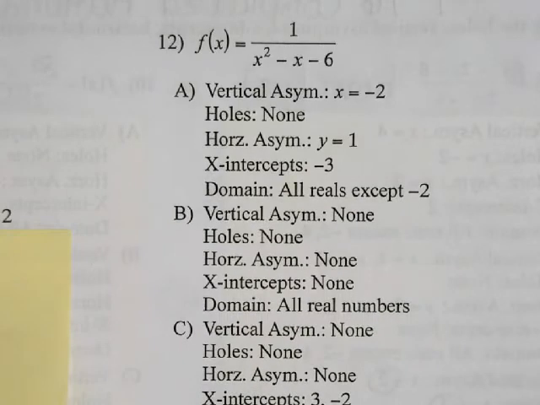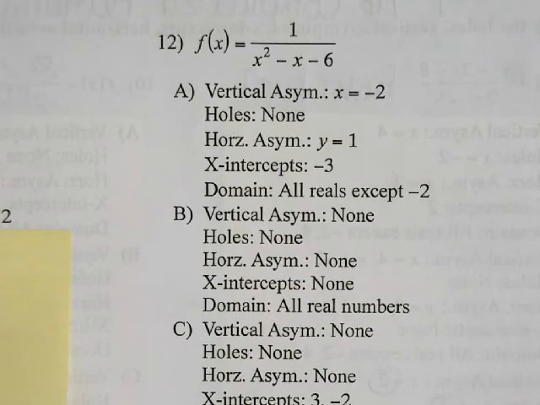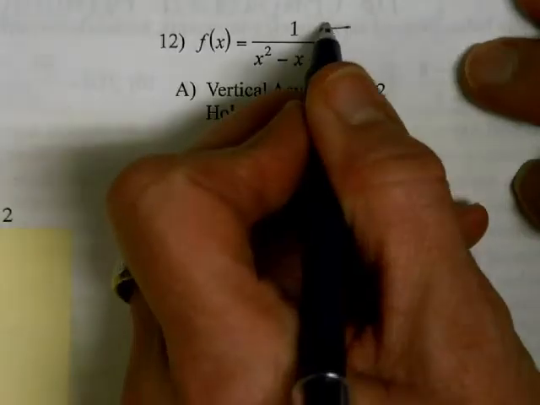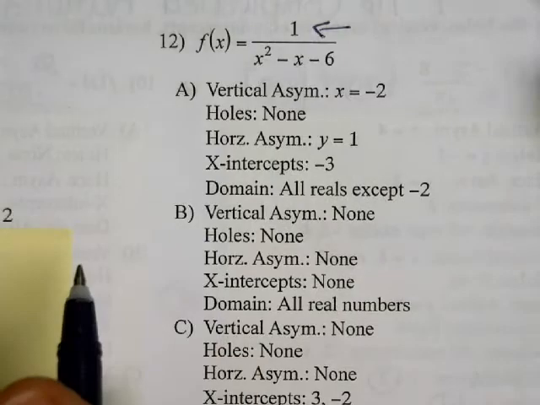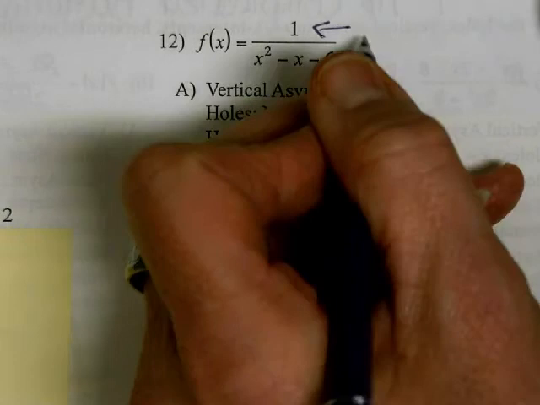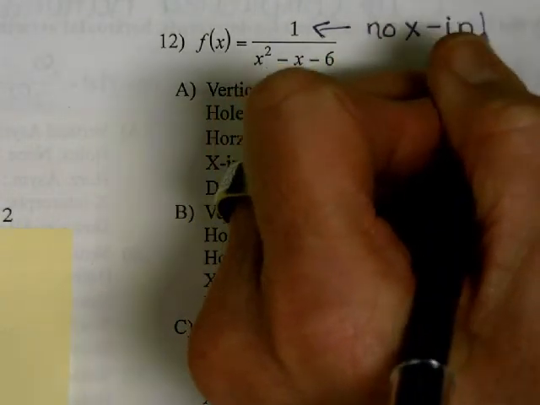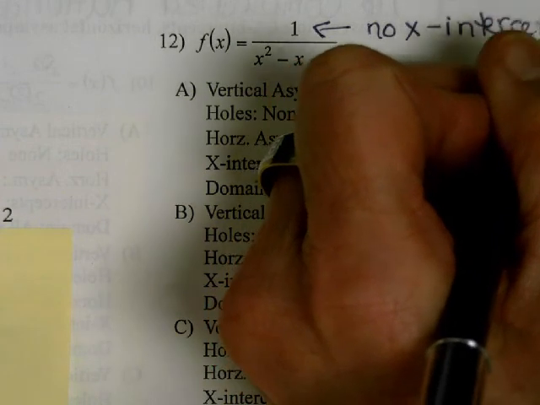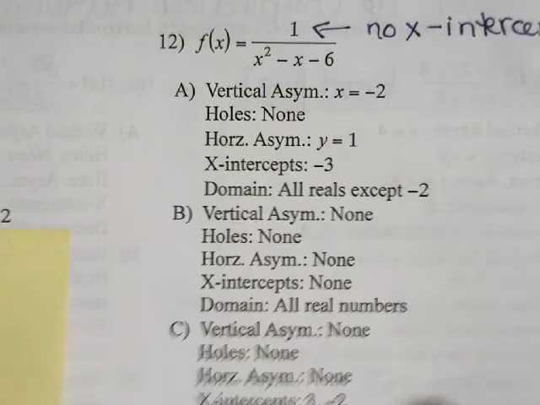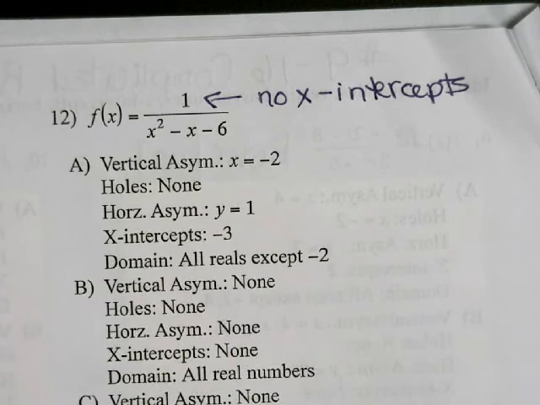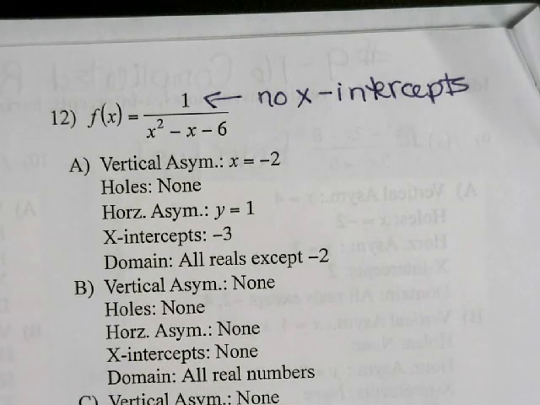On to number 11, or rather 12. Always there. 12 is a tricky wicket because there are no x's in the numerator. Therefore, there are no x-intercepts, because I need a numerator to solve for x in order to find the intercepts.